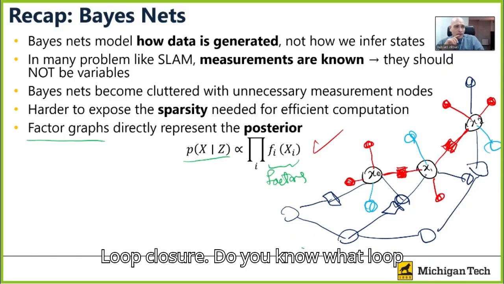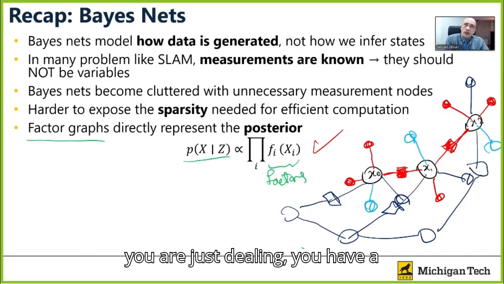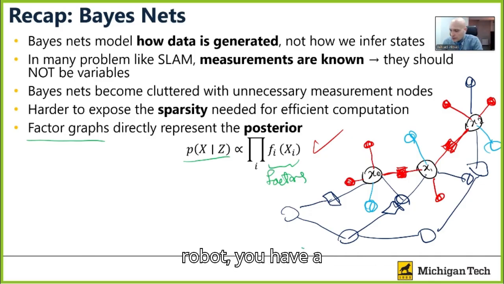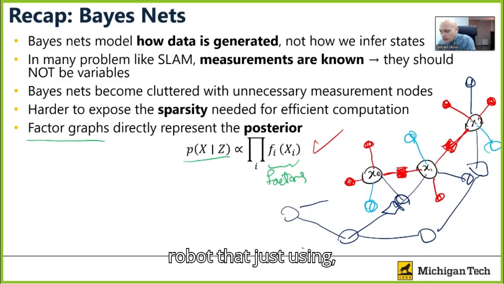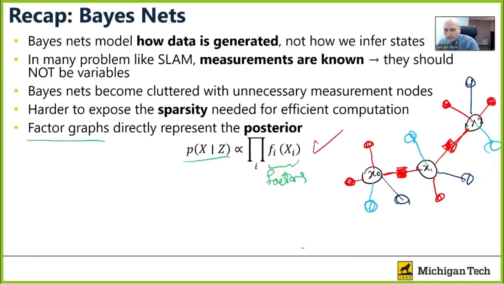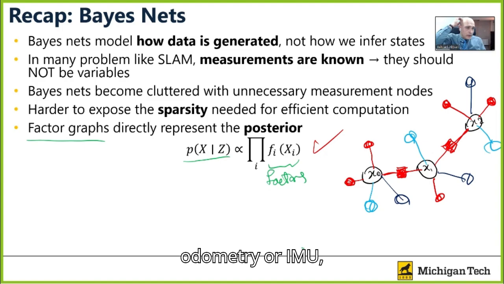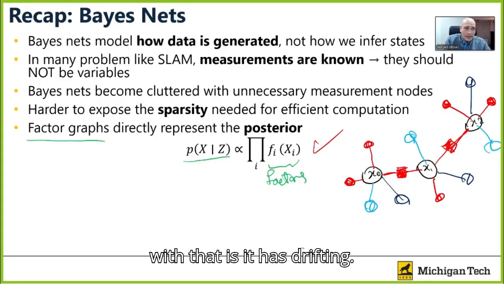Loop closure. Do you know what loop closure means? Suppose you have a robot that is just using, for example, odometry to go somewhere. But the problem with odometry or IMU is that it has drifting.